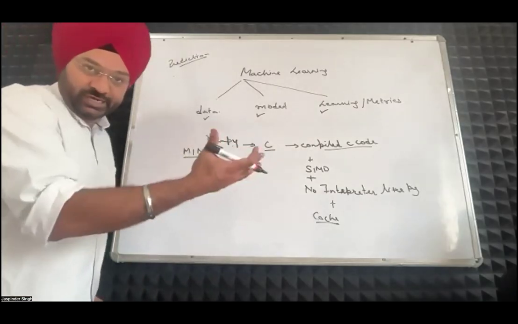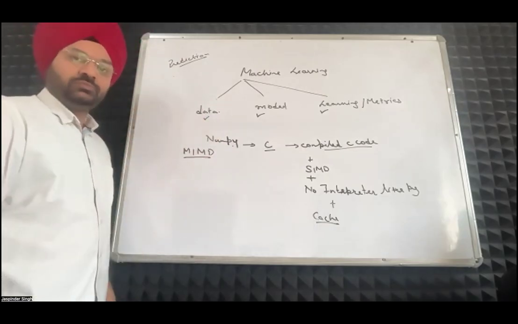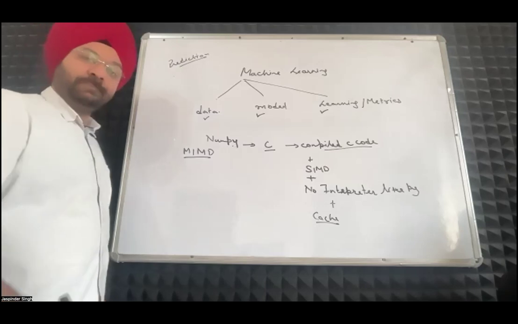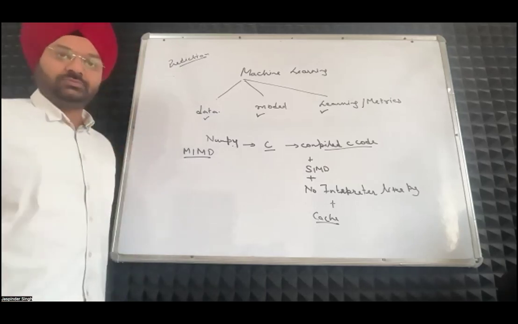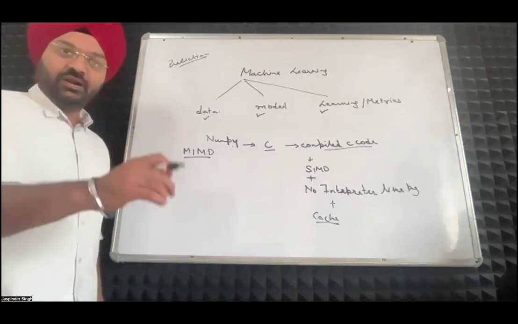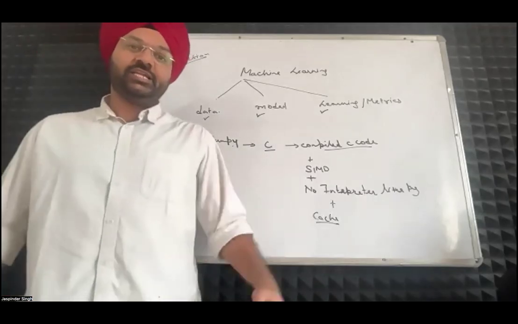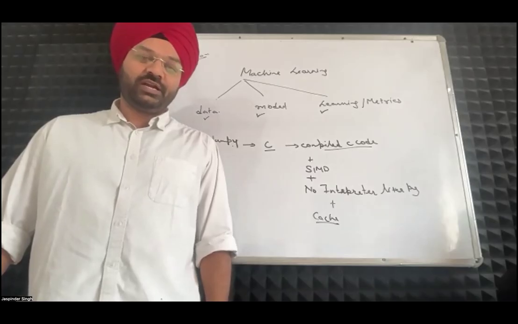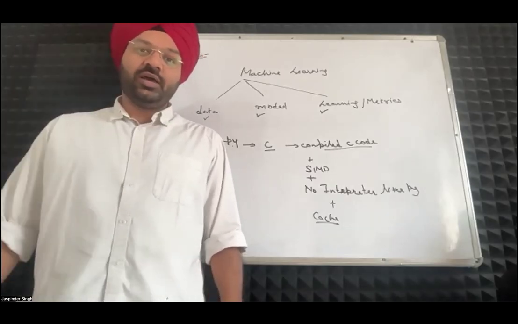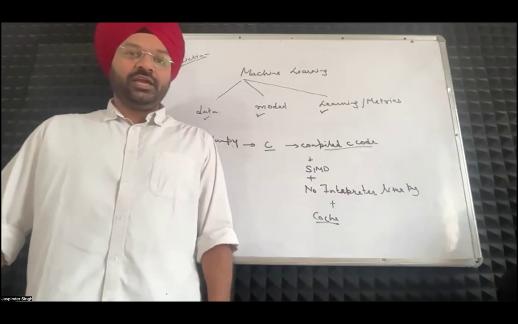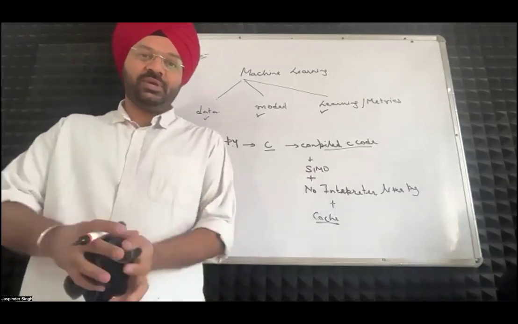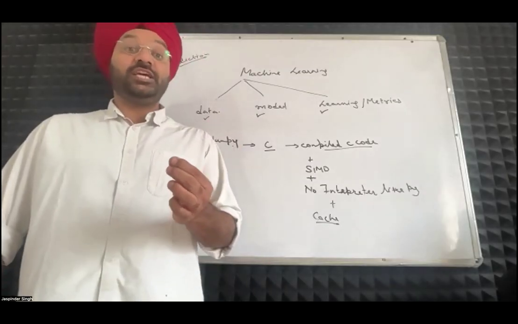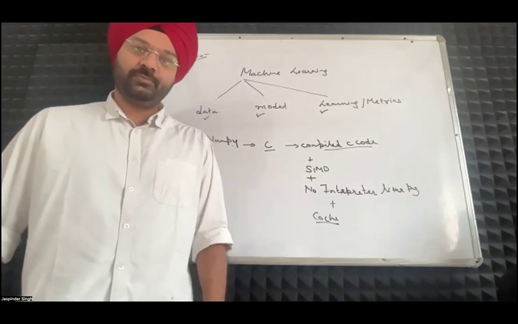Every unit, for example CPU or GPU, has MIMD, that is multiple instruction, multiple data. For example, Omkar's favorite singer is Taylor Swift. He wants to comment on her latest song, and then he has opened up the terminal and is trying to run a model. He is giving multiple instructions to his unit.